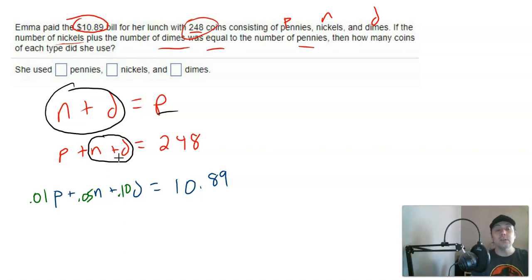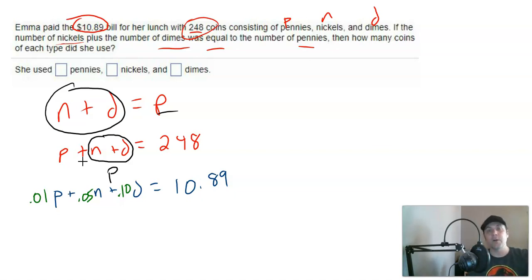So I can use the first equation to swap it out. N plus D can be replaced by P. They're equal to each other. They're the same. And so N plus D here, I can take out and replace with P.